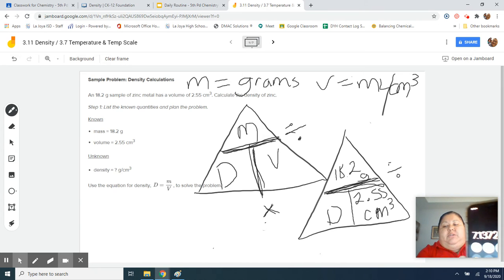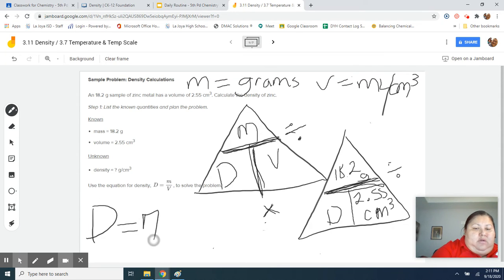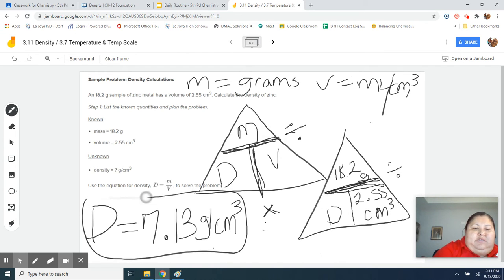Never punch in the bigger number; it's always the top number. I don't want you to get confused. So our answer in this case for density would be 7.13 grams per cubic centimeters. And I always ask you to put it in a box or circle it.